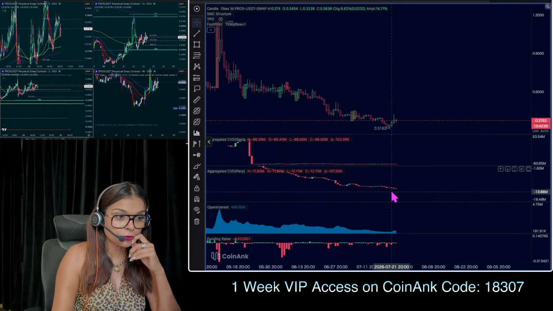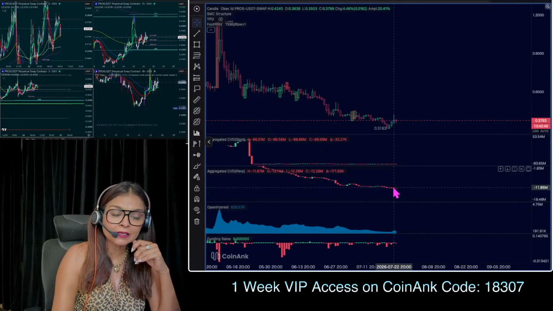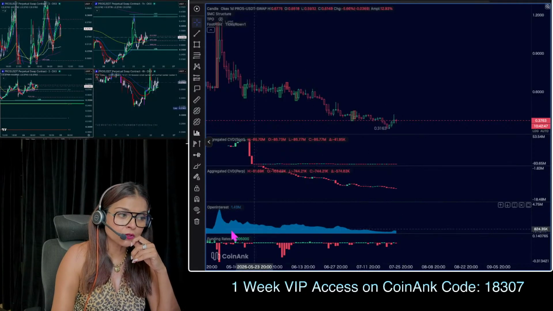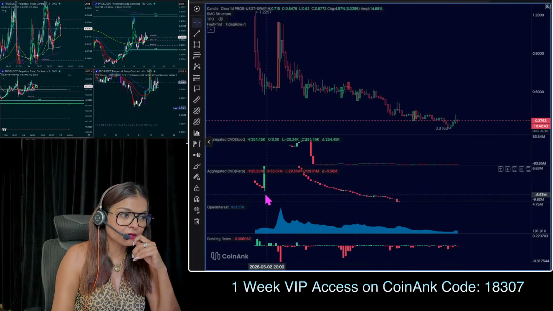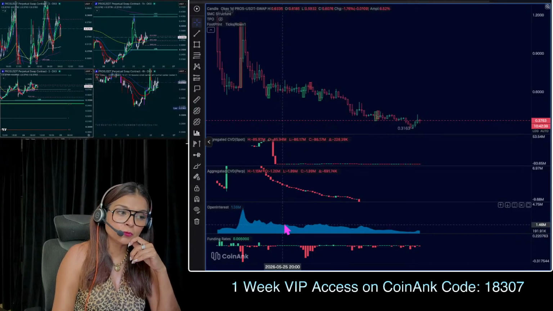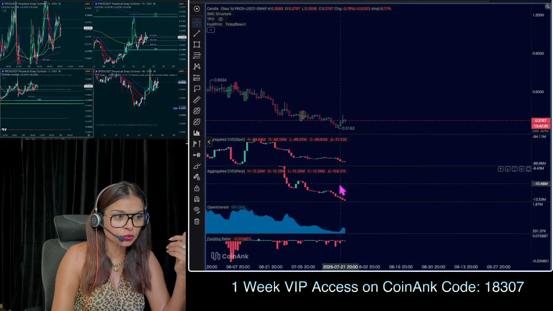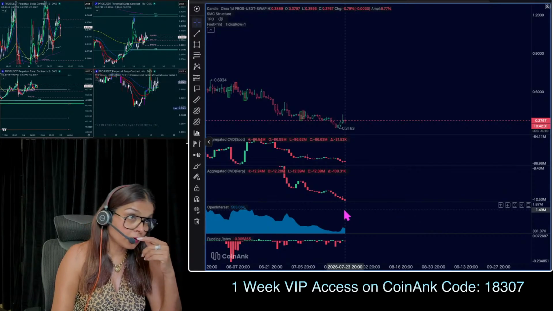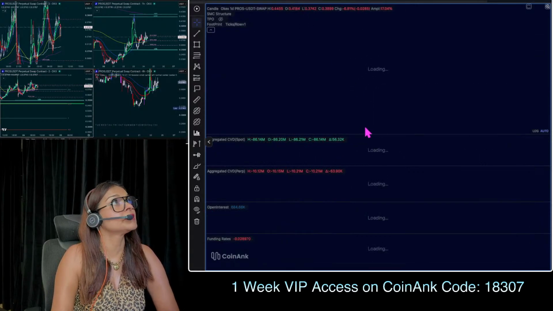If you see the open interest spiking and you look at the CVD, that will tell you that shorts are opening. If you saw the open interest spiking with CVD green, you would know that new long positions are opening. But in this case, it is shorts. Shorts are opening and shorts are closing. So it depends. You can keep an eye on that and see how you use it.